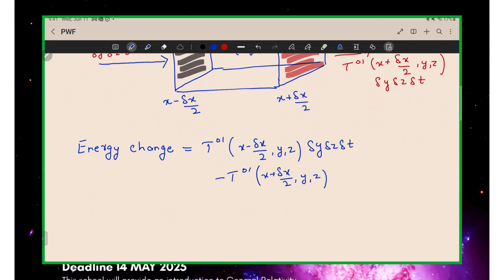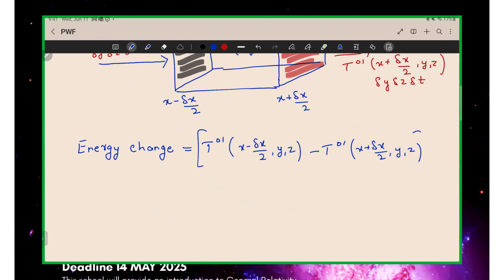And this factor is common, so let me just take it as common. So this thing multiplied by delta Y, delta Z, and delta T.